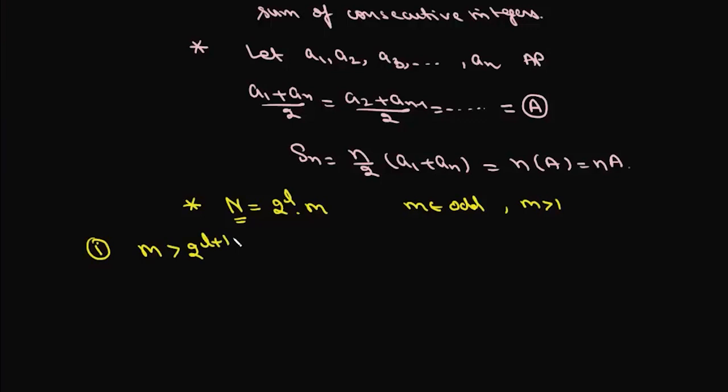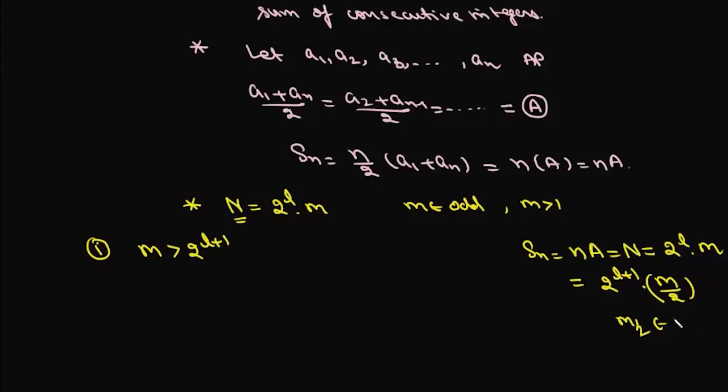Here we know that Sn is n into A, and we want this sum to be equal to n, which is 2 to the power L into M. So we'll write this as 2 to the power L plus 1 into M by 2, and M is an odd number. So this M by 2 is not an integer.